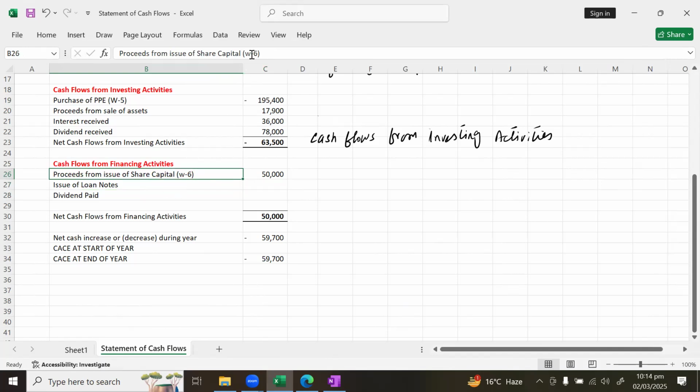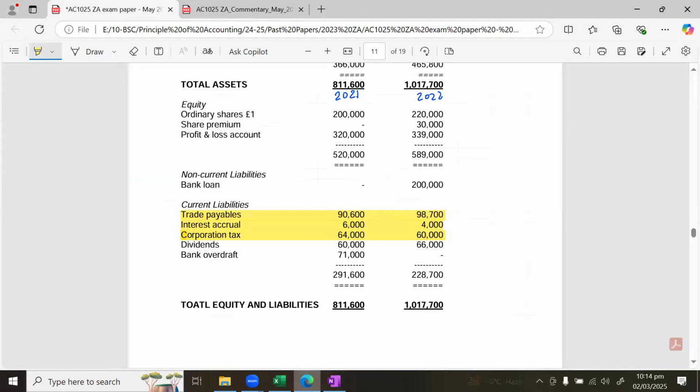Okay, then loan notes last year was 0, this year are 200,000.